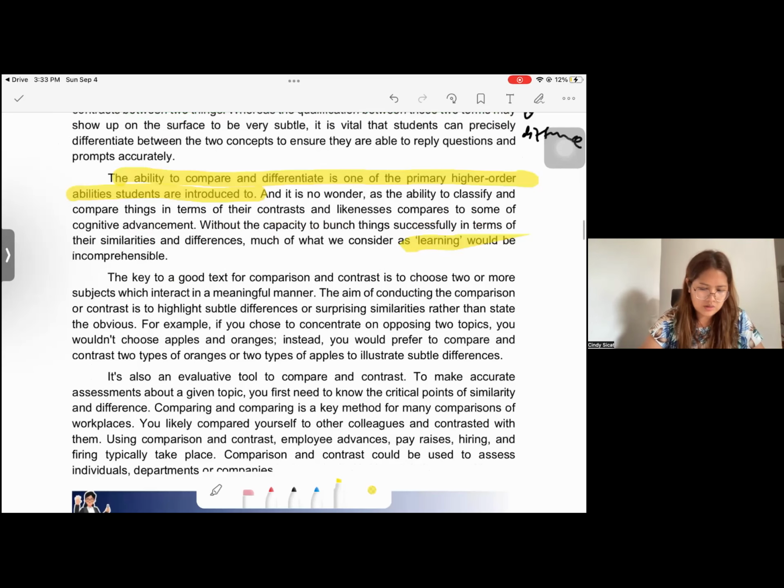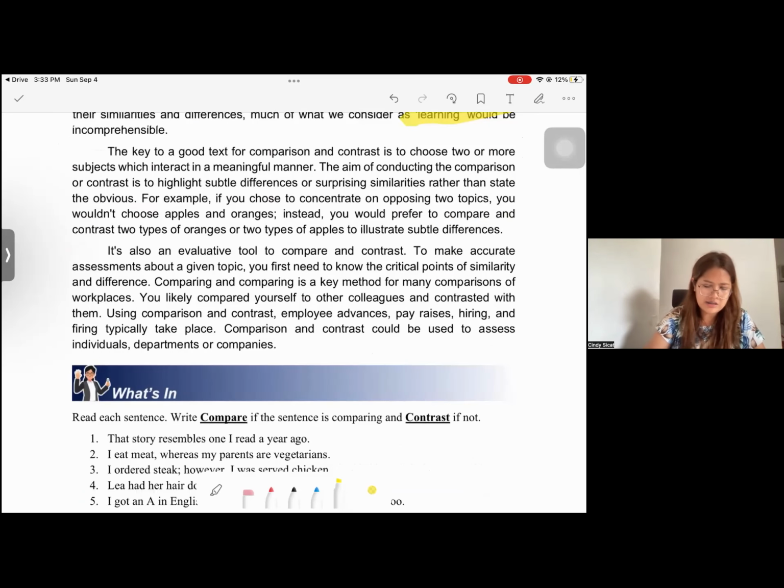A key to a good text for comparison and contrast is for you to choose two or more subjects which interact in a meaningful manner. The very aim of this activity is for the subtle differences or even the surprising similarities of the text to be highlighted and not just stating what's obvious.